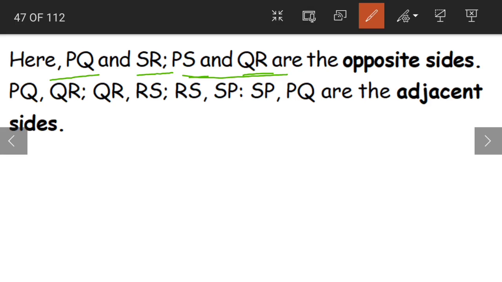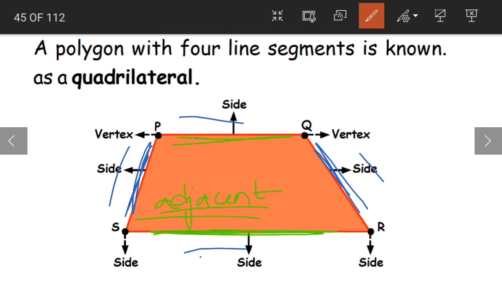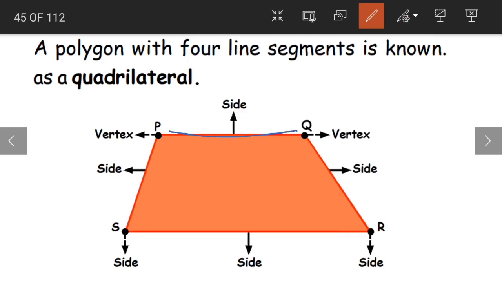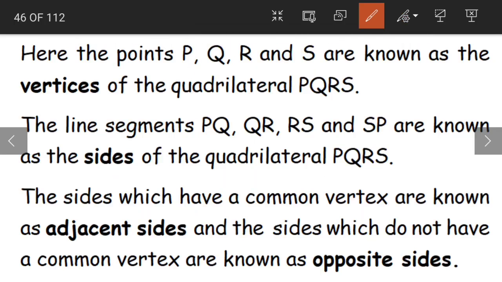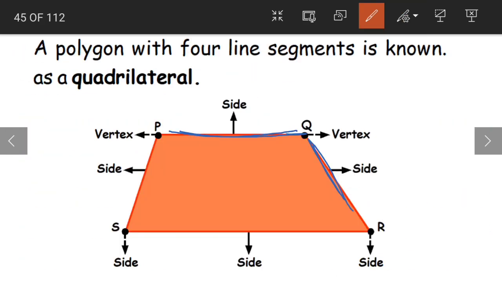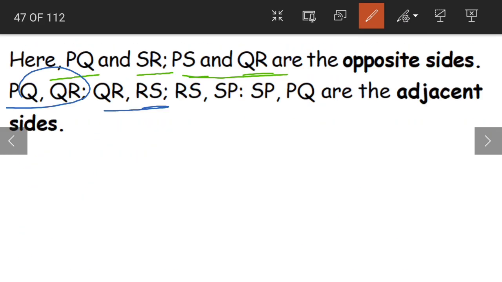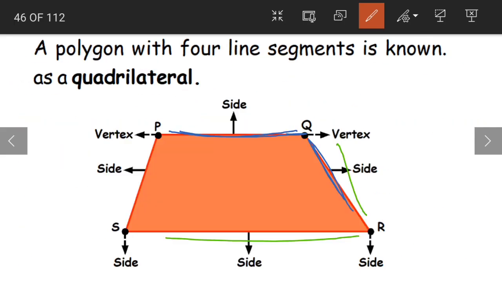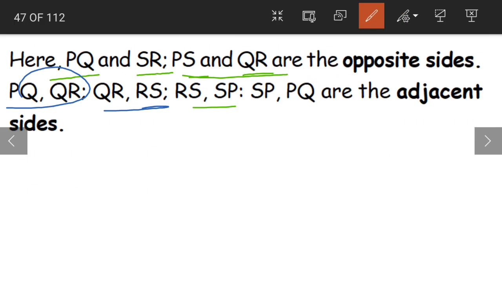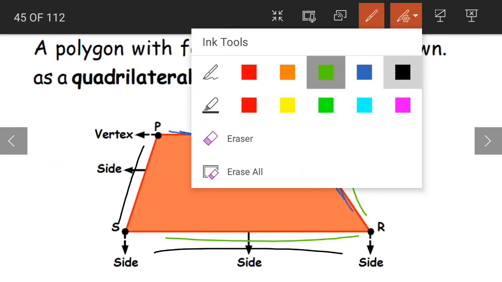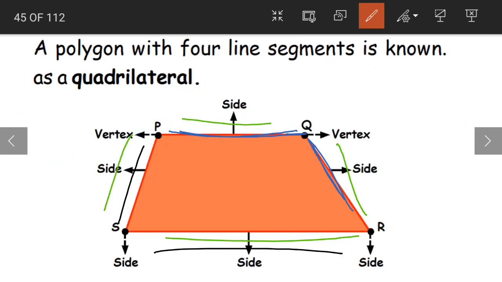And then PQ, QR, then QR, RS, then RS, SP, then SP, PQ.